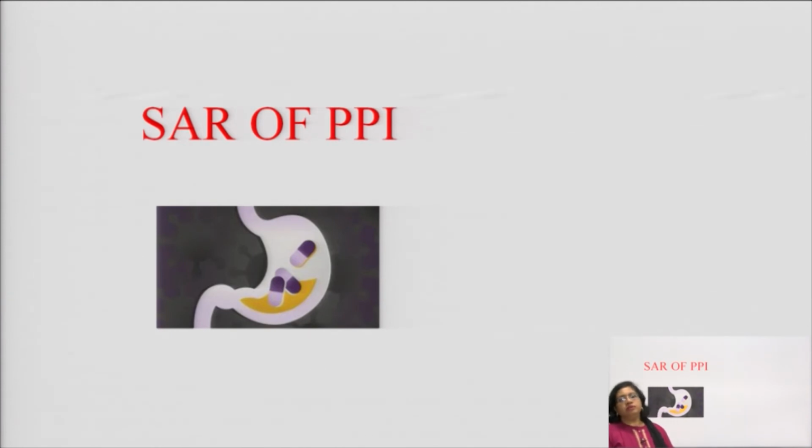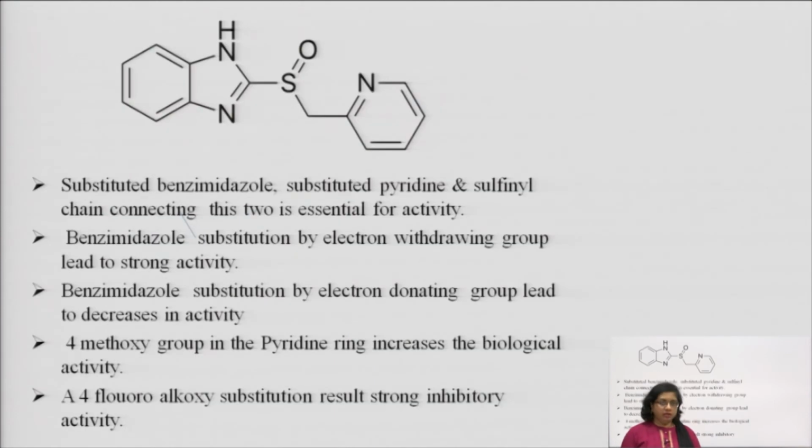Now, we will discuss the structure activity relationship of proton pump inhibitors. Just like we discussed in the previous lecture for antihistaminic drugs, H1 receptor antagonists and H2 receptor antagonists, similarly we will discuss the SAR of proton pump inhibitors. So, first you see the general structure.